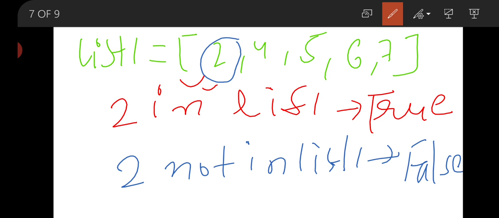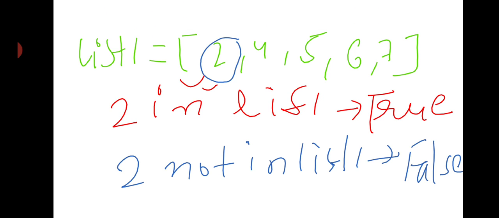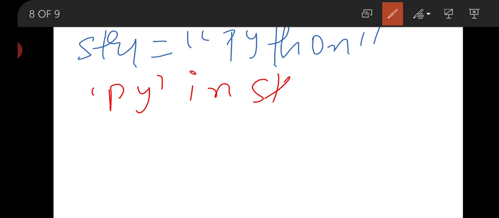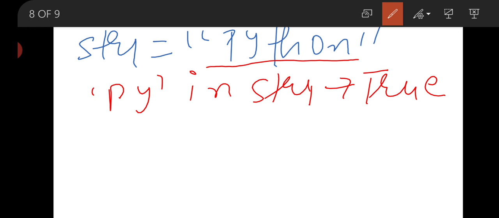Similarly, in the case of a string, suppose that we have taken the string str1 equal to python. Now if we check py in str1, that means is py present in this sequence? py is present, then this will return true.